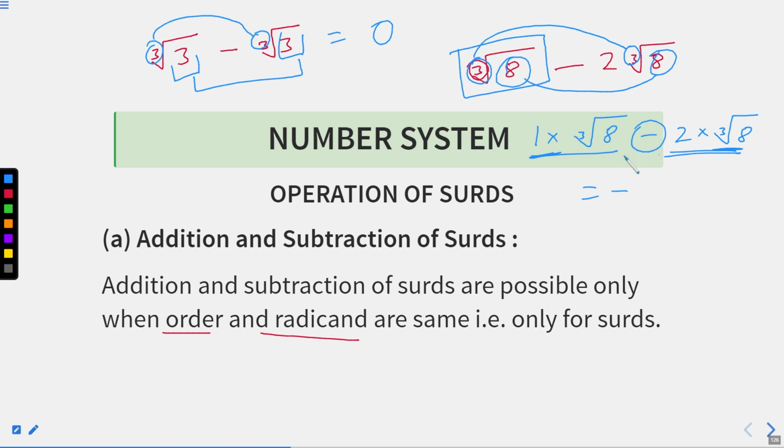Subtracting 2 from 1, we get 1, and the remaining thing is the cube root of 8. So our final answer will be minus the cube root of 8. I hope this cleared up the operations of surds with addition and subtraction.